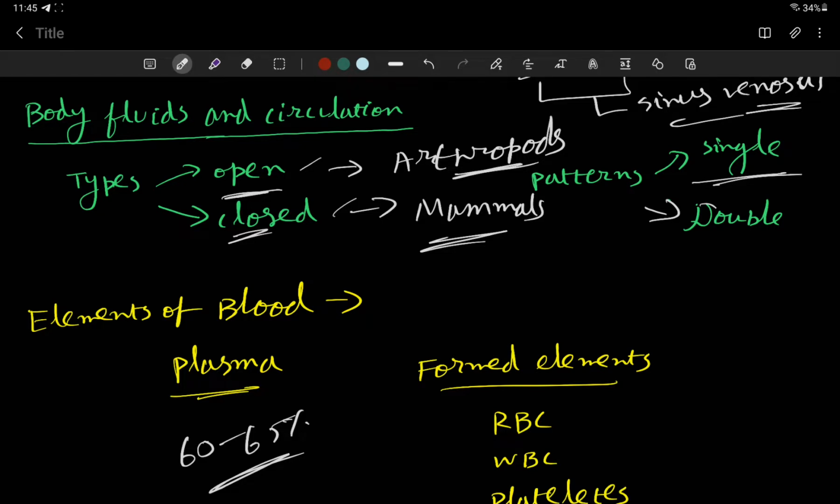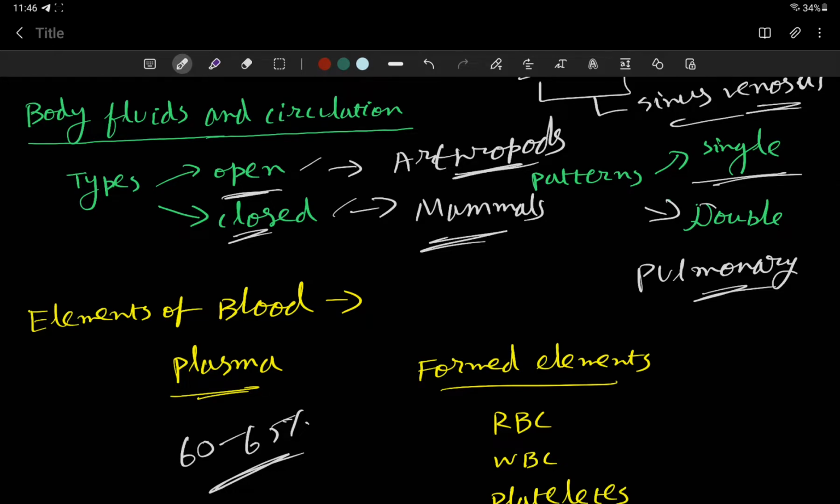One part is called pulmonary circulation, because the blood coming from the lungs is oxygenated blood. That means oxygenated blood comes from the lungs and deoxygenated blood goes to the lungs. This is one half of the circulation, called pulmonary circulation. The other half, from the left section, goes to the whole body.